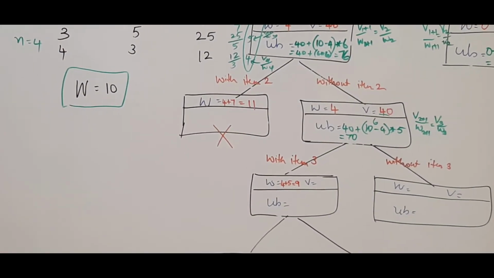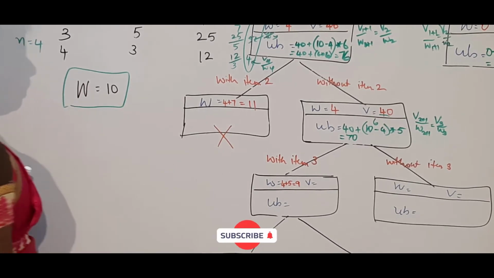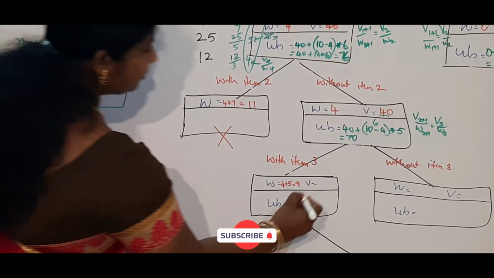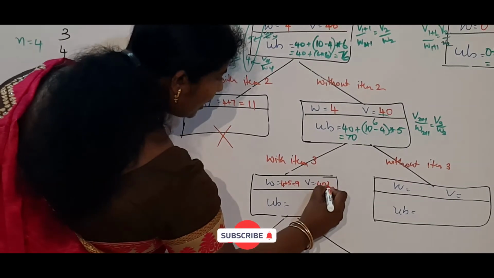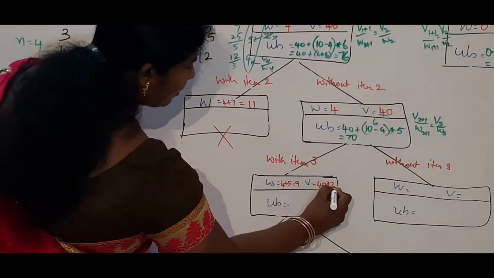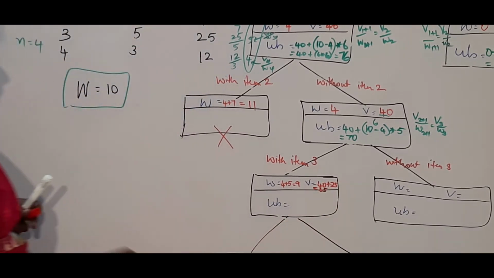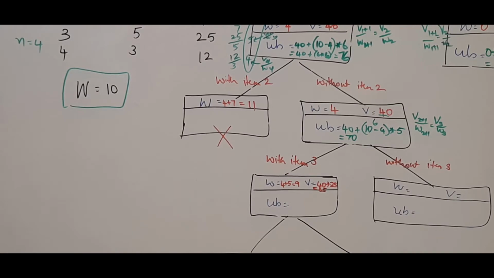Does it satisfy the condition, whether it is less than 10? Yes, I can move further. Here I have 40 as the value and a new value of 25, so my present value is going to be 65. This is how we go about it.